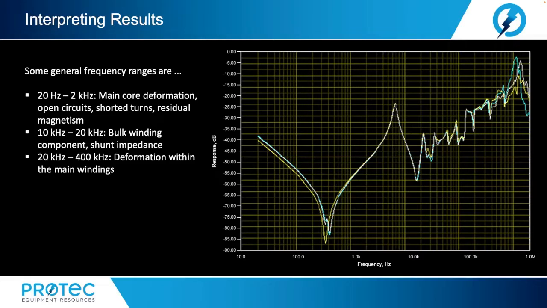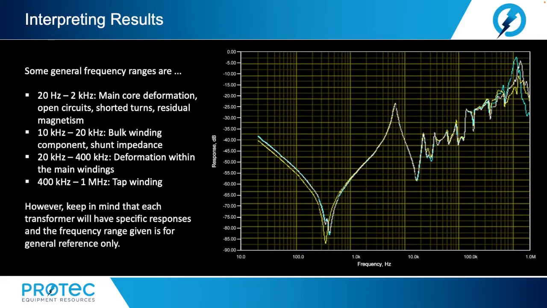At 20 kilohertz to 400 kilohertz, we see deformation within the main windings. At 400 kilohertz out to about 1 megahertz, we typically are looking at tap winding. However, keep in mind that each transformer will have specific responses and the frequency range given is for general reference only.